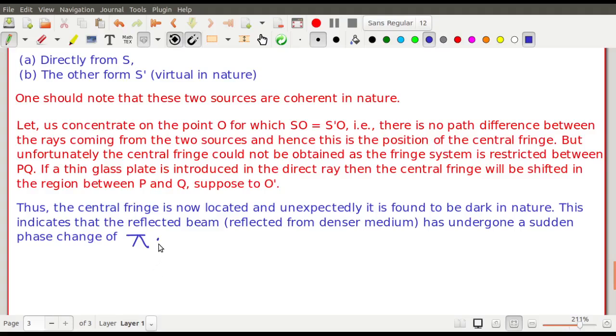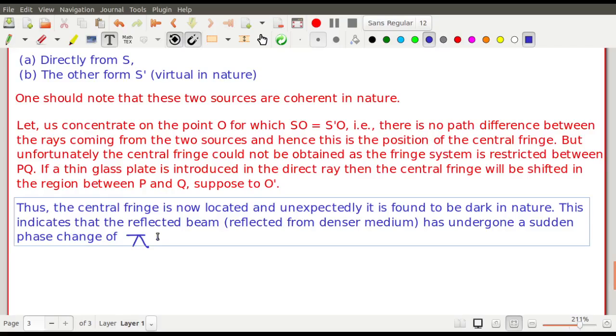Indicates that the reflected beam has undergone a sudden phase change of pi on reflection from the denser medium.